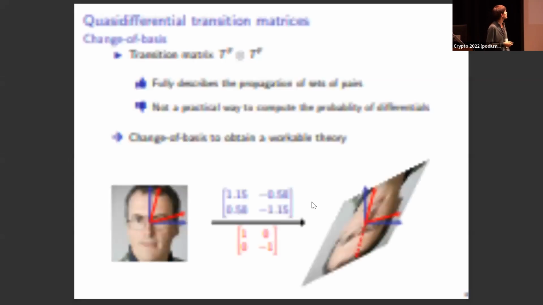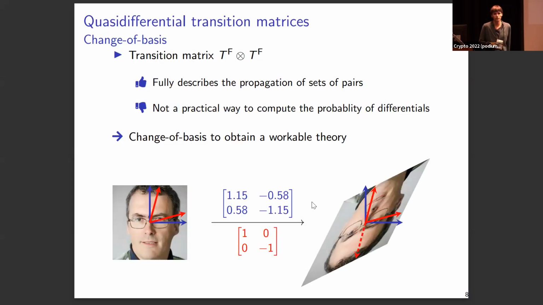So change of basis, the idea is just that, let's say you have here a picture of my co-author, and then you do some linear transformation, the blue matrix, and then you get some other picture. So this linear transformation is represented by this blue matrix with respect to the blue basis, right? And you get a different matrix if you choose a different basis. When you look at it from the point of view of the blue basis, it's actually a pretty complicated matrix.